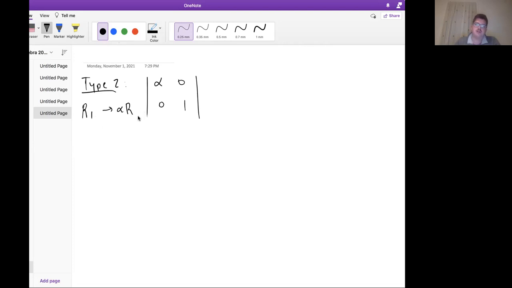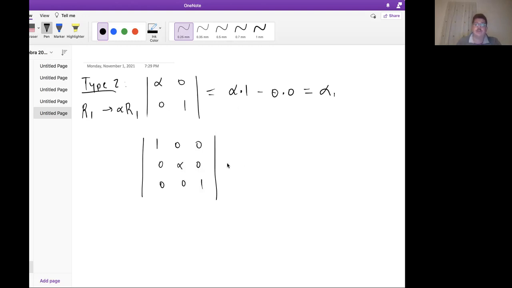Row 1, good. Okay, so let's do the determinant. What is the determinant? Alpha times 1 minus 0 times 0 is equal to alpha. So based on this pattern, we kind of expect for 3 by 3 that this determinant will be alpha.